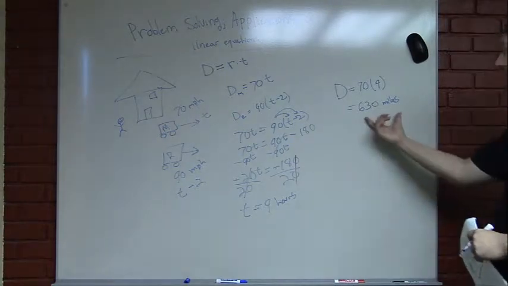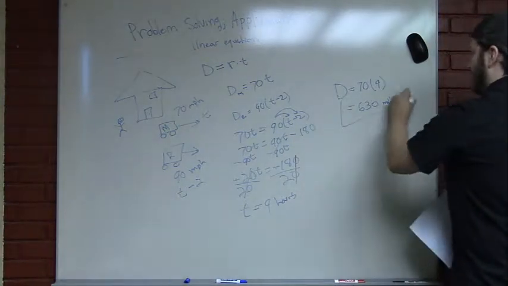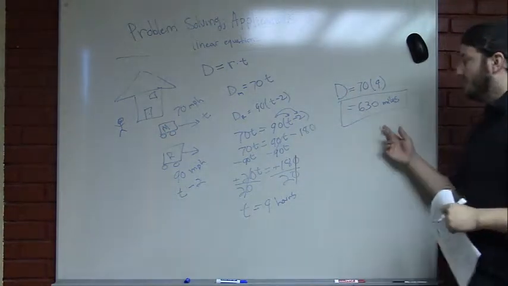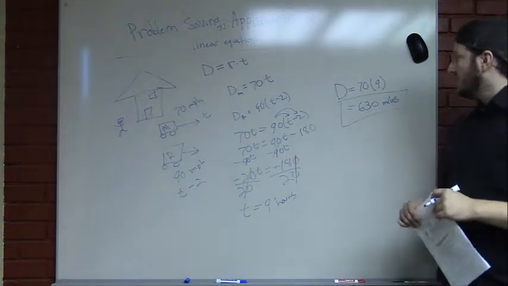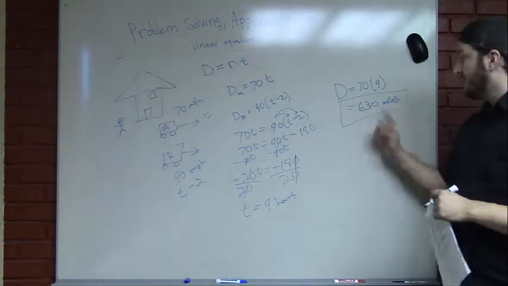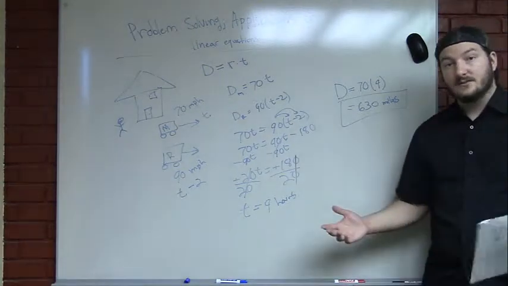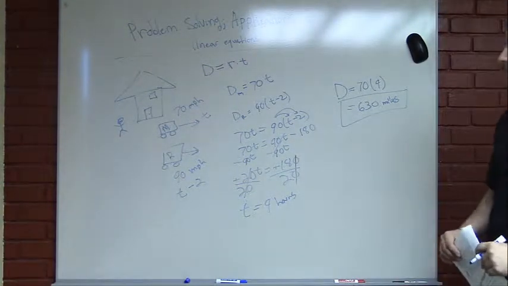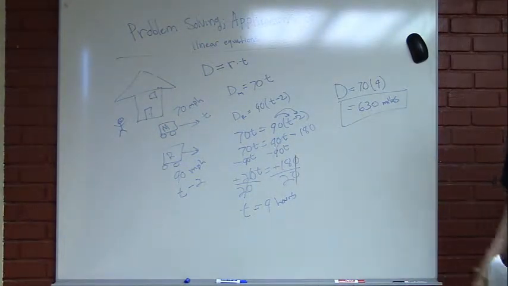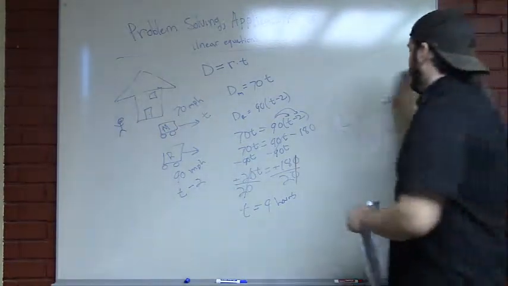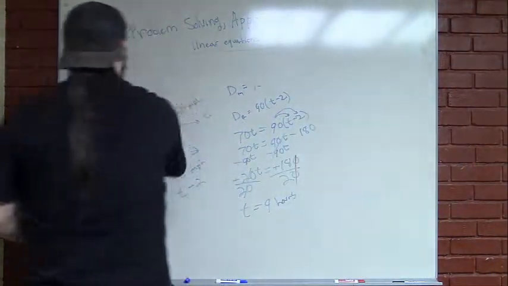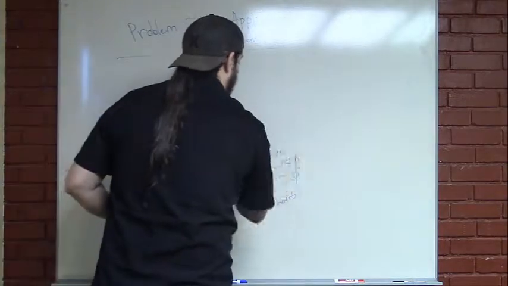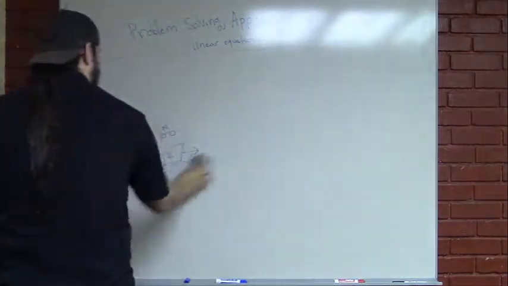There you go. So the distance from Michelle's house to Visalia is 630 miles, okay? So there you go. Make sure you have that in your notes. That was a pretty tricky problem. All right, we got a couple more to do, and we'll call it there.